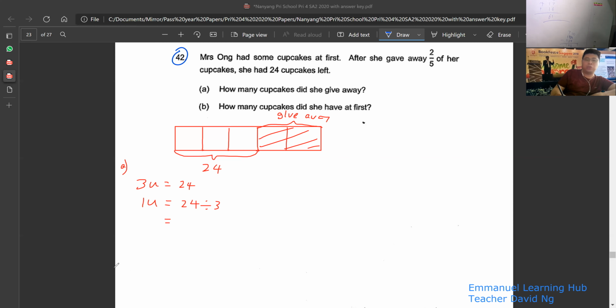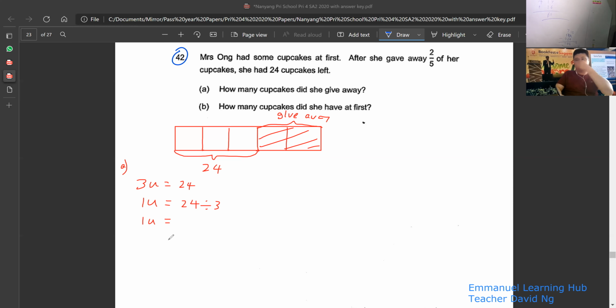So 24 divided by 3 is equal to how many? You should tell me instantly. Your multiplication table.